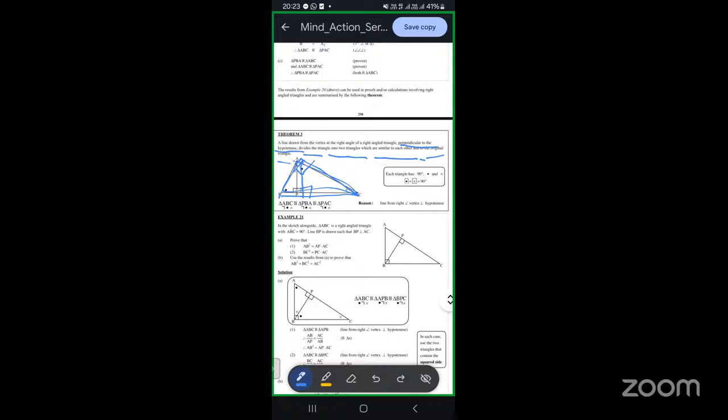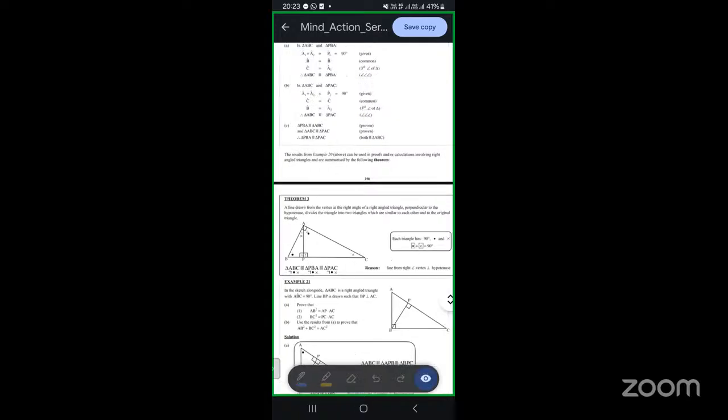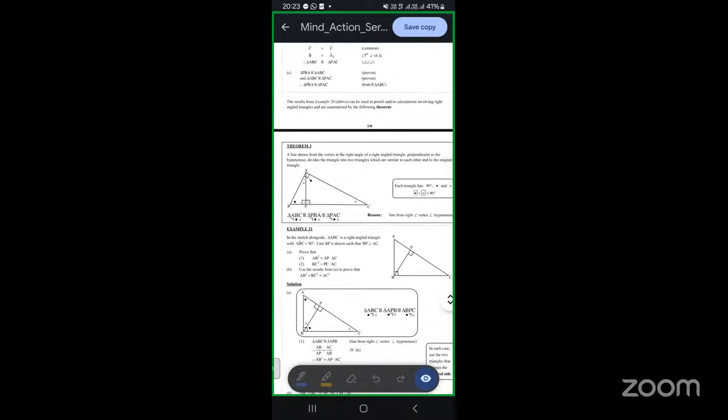Okay, let me repeat, just re-explain this. This is what we just did in that example, example 20. We proved that this triangle is similar to this triangle.